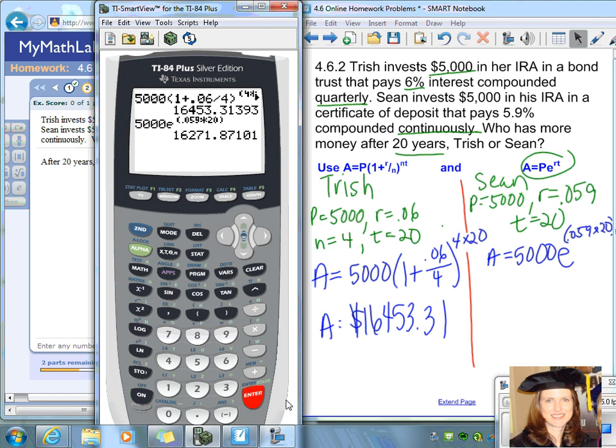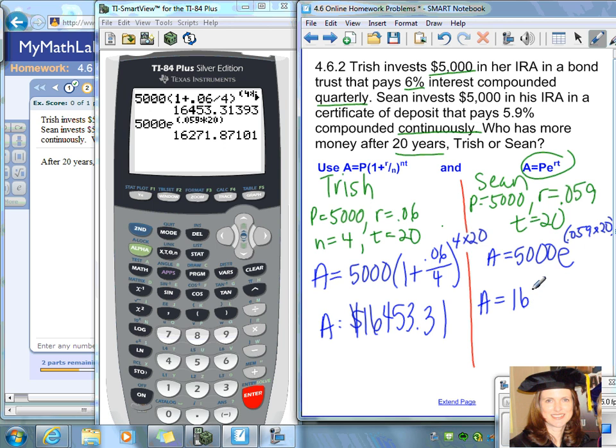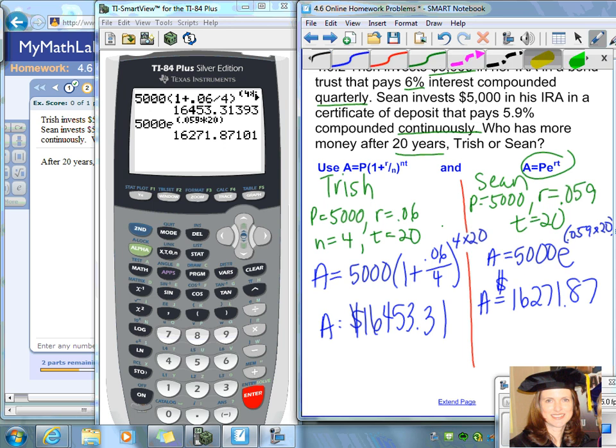So Sean will end up earning interest, and that 5,000 will grow to $16,271.87. So which has more?